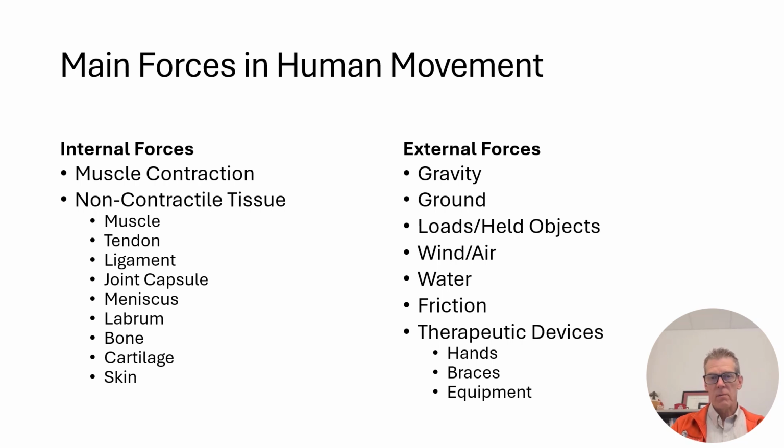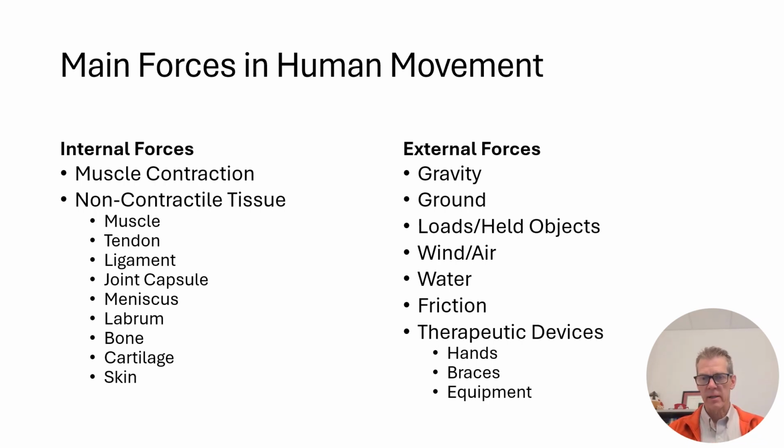So muscle's the main one, and then when we go to the external forces, really gravity and the ground are the two main external forces that we concern ourselves with as physical therapists. Gravity is a constant force, always acting on the body, and then as we hit the ground, there's a ground reaction force, an equal and opposite force that is applied to our body from the ground.